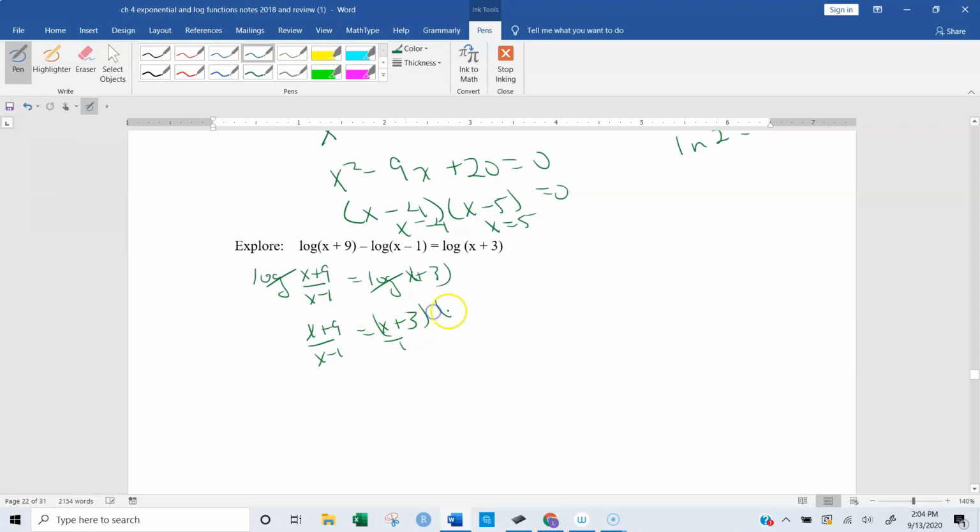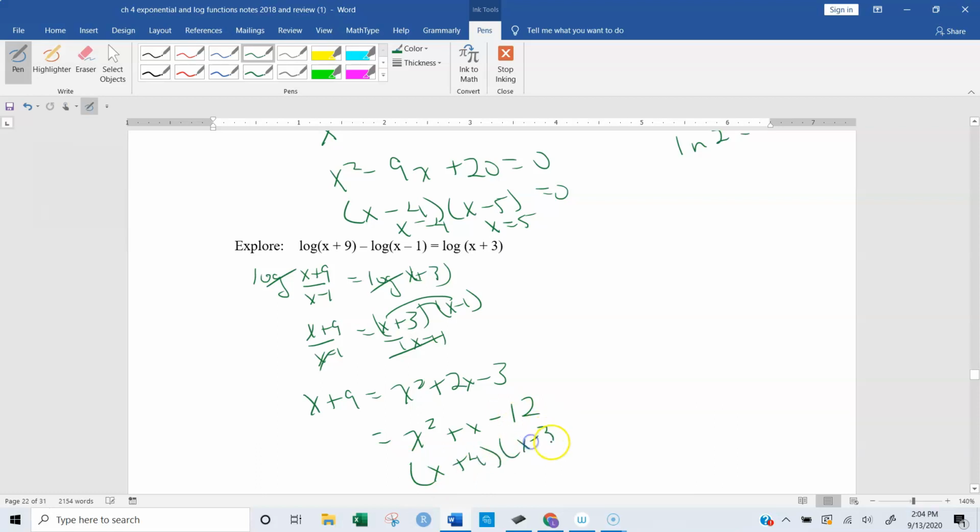Common denominator is x minus 1. So now we have x plus 9 equals x squared minus x plus 3x plus 2x minus 3. Set it equal to 0. So x squared plus x minus 12. So we've got x plus 4, x minus 3. So x equals -4 or x equals 3.